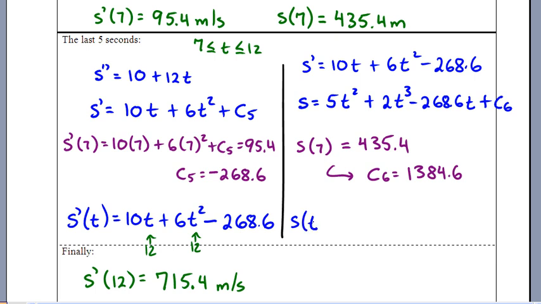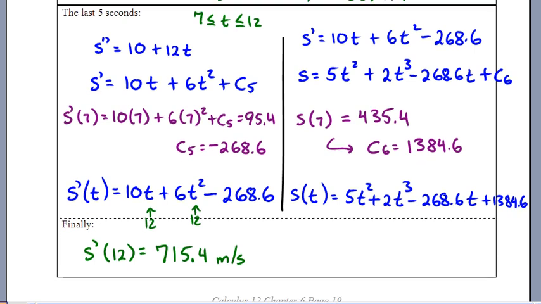So the position of the rocket during any one of these 5 seconds from time 7 to time 12 is 5t squared plus 2t cubed minus 268.6t plus 1384.6.